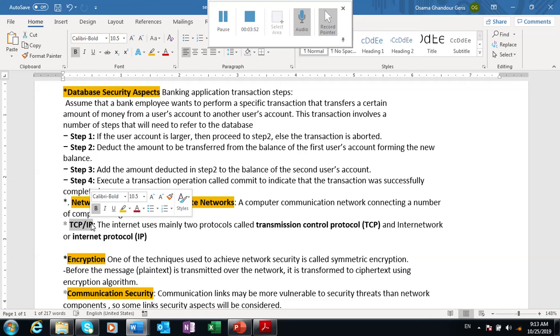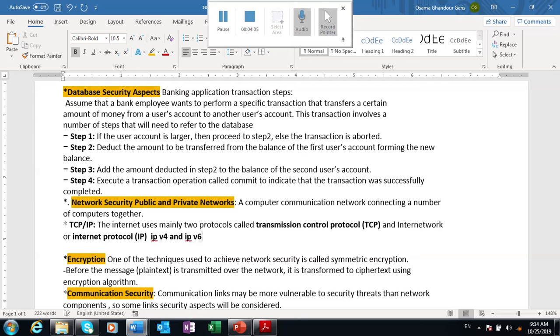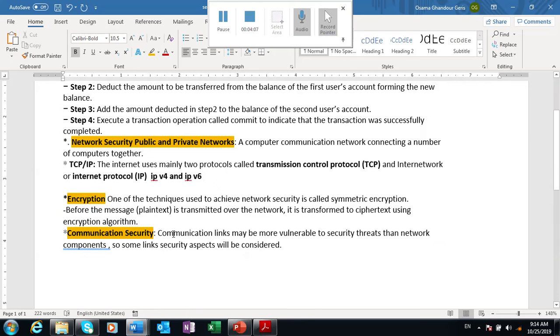The IP address has two versions: IP version 4 and IP version 6.